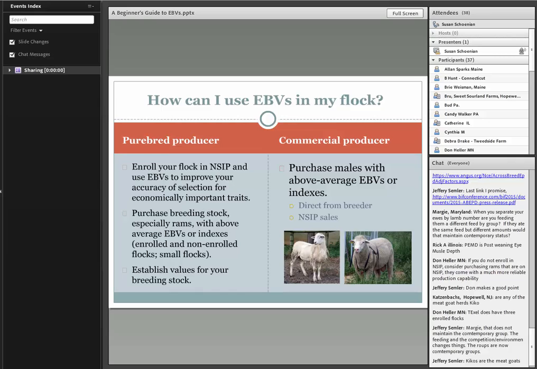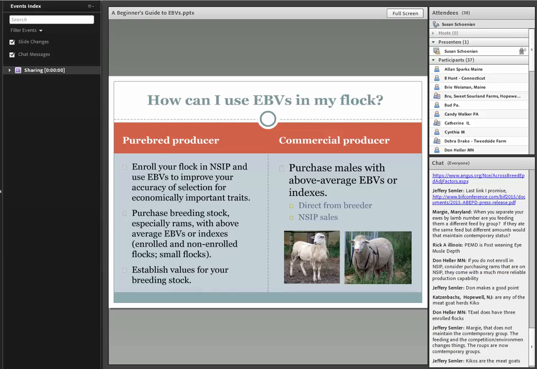If you're a commercial producer, it's not really intended for commercial producers. Hopefully you're crossbreeding, and EBVs really aren't designed to deal with crossbreeding. But what you can do is purchase males with above average EBVs or indexes. If I'm a commercial sheep producer, and I want to make money with sheep, I'm not going to buy just any old ram.